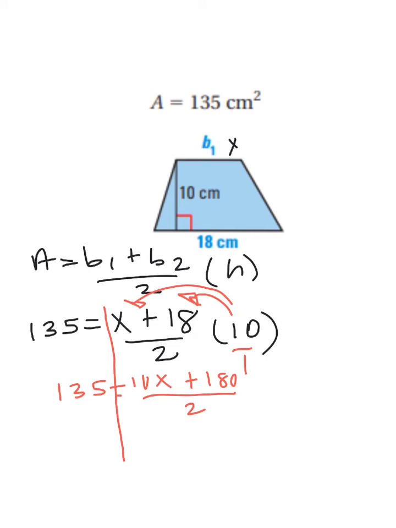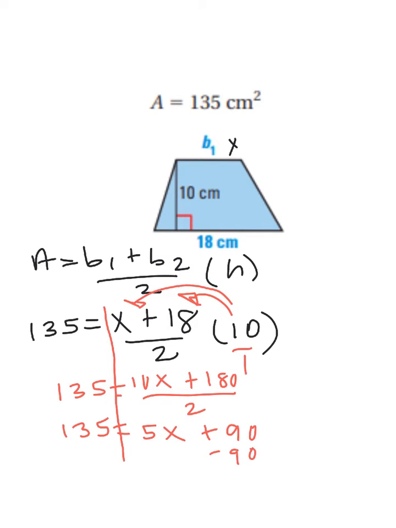So these numbers, 10 and 180, are easily divisible by 2. So I would just go ahead and get rid of that denominator. 10 divided by 2 is going to give us 5. So we have 5x. 180 divided by 2 is going to give us 90. So 5x plus 90 equals 135. All right, now I'm going to solve my two-step equation.